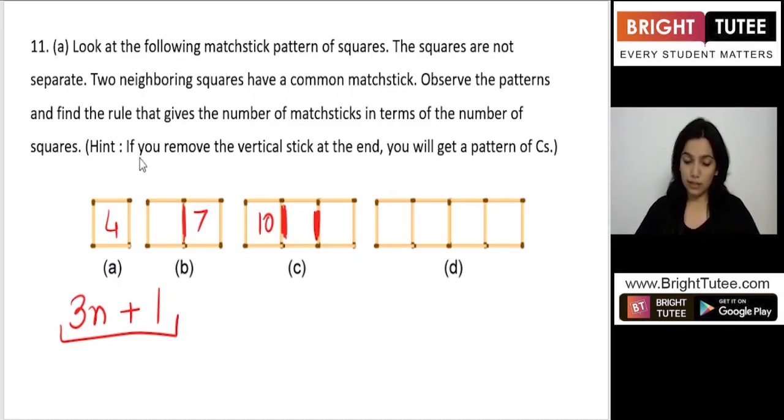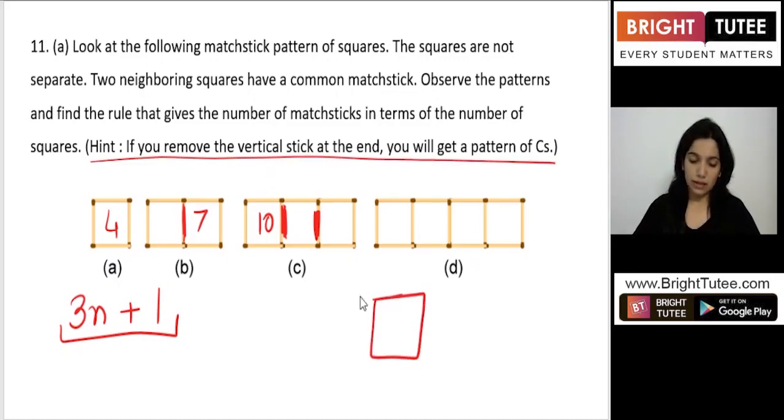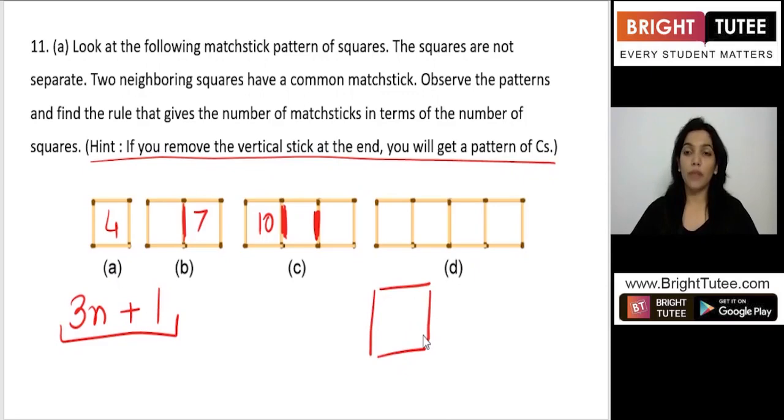Okay, and see, this particular hint is very important to understand. If you have this one square, and I'll just use sticks here. If you use these 4 sticks to form one square and you remove one out of it, what are you left with? You are left with a C structure, and C has got 3 sticks in it, right? So this structure represents 3n.